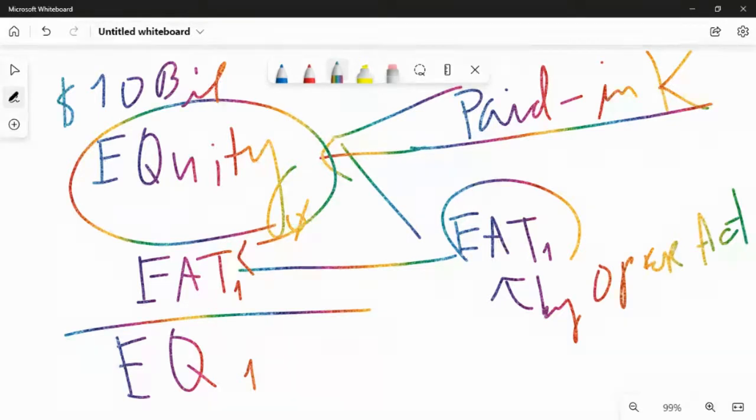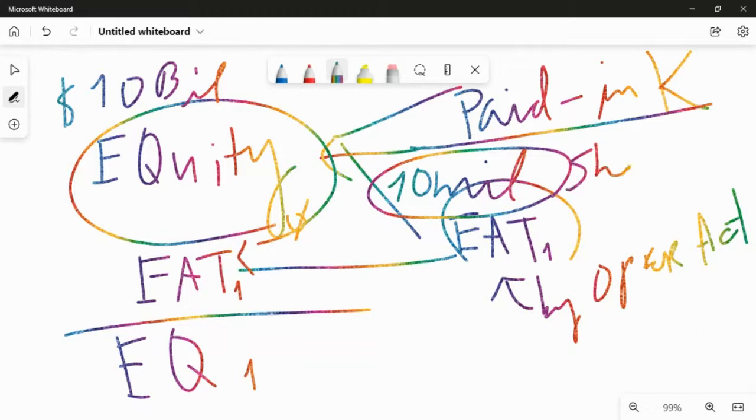So how many shares were sold? Let's say 10 million shares were sold, so 10 million shares outstanding. Then what was the price per share? 10 billion divided by 10 million. That will be $100, right?